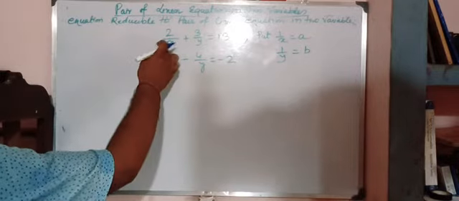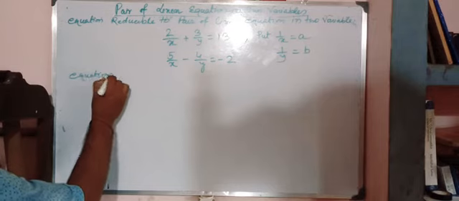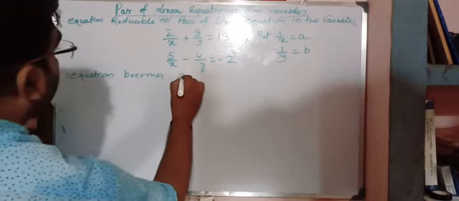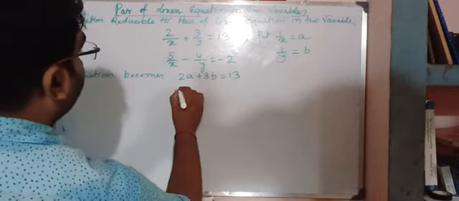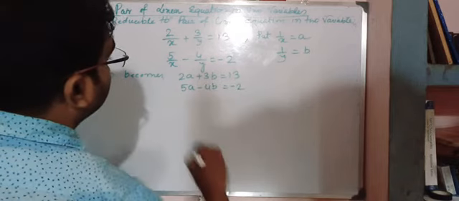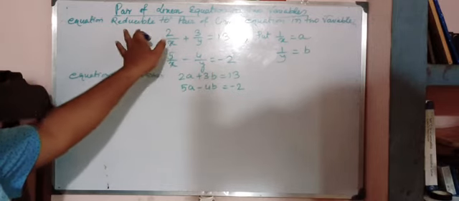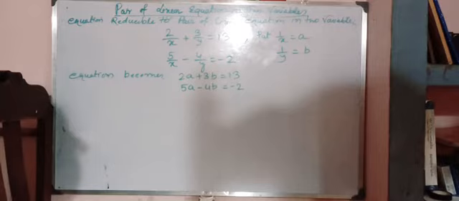So the equations become 2a plus 3b is equal to 13 and 5a minus 4b is equal to minus 2. That is the process of reducing a pair of equations to a pair of linear equations in two variables.